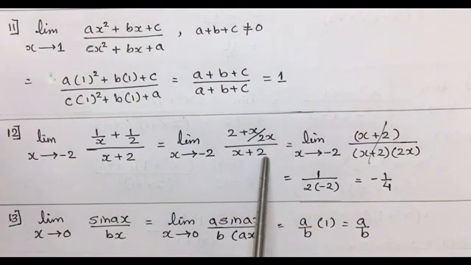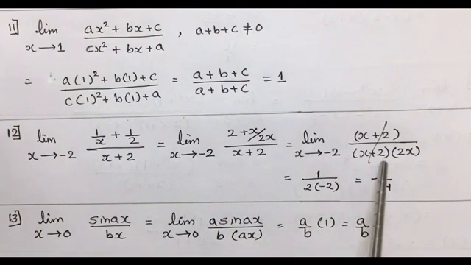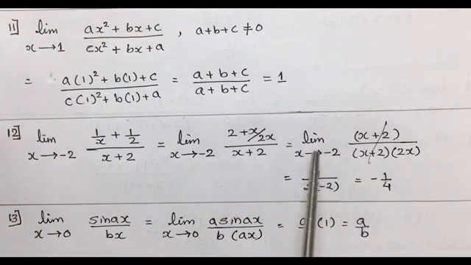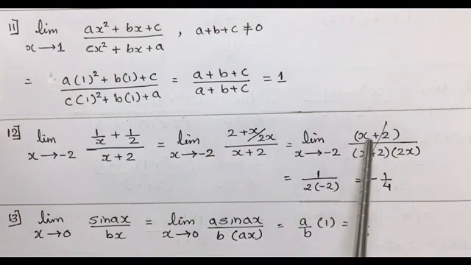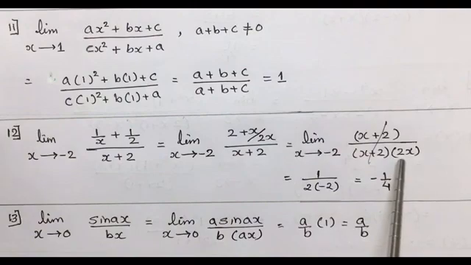Now 2x gets multiplied with the denominator x plus 2, and we get here limit x tends to minus 2, x plus 2 divided by x plus 2 into 2x.